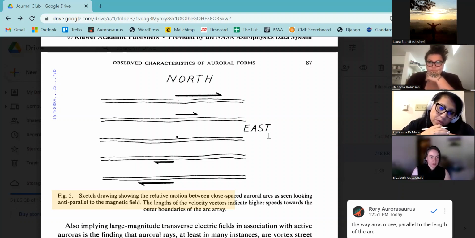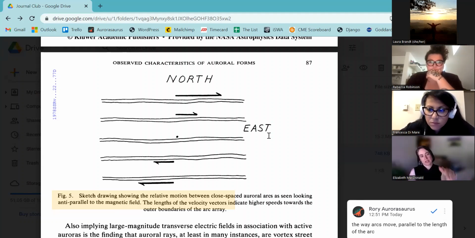And this is a consequence of, you think about the magnetic field is kind of into the page in this whole sketch, and then where the electric field is as well. There's a bunch of different electric fields that are important to this also.